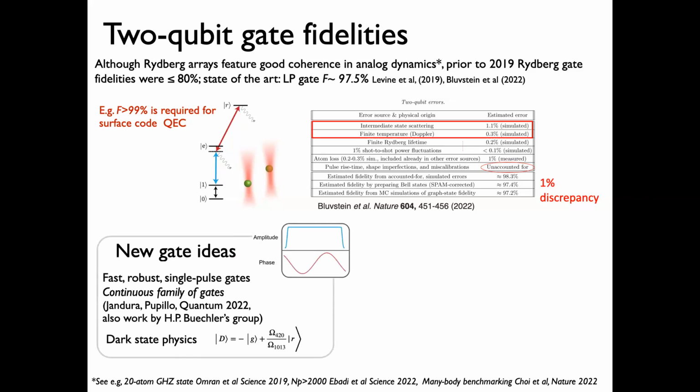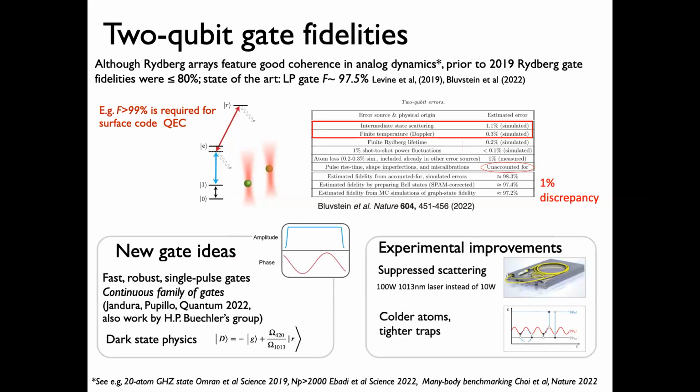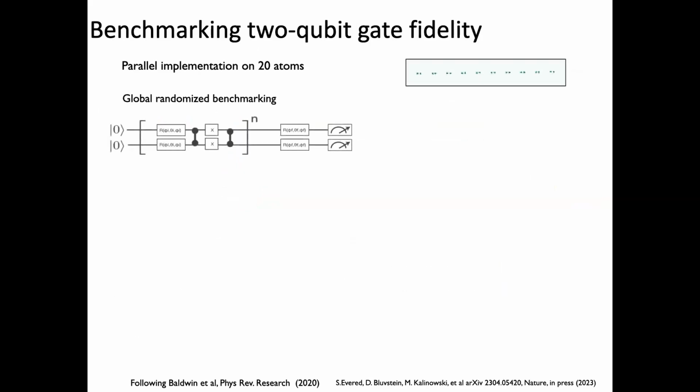One of them is a new family of optimal fast Rydberg gates, developed particularly by Guido Pupillo, and there is also work by Hans Peter's group. The other is brute force technical improvement, just using higher power lasers, colder atoms in static traps, and stuff like that.